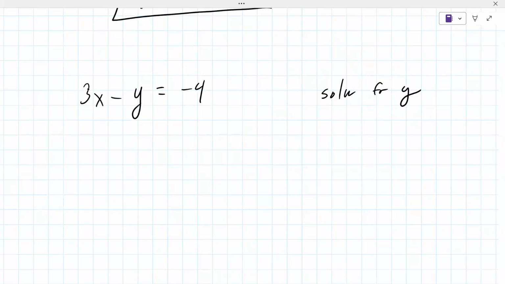So here's a problem for you to try. 3x minus y equals -4. So again, solve for y.